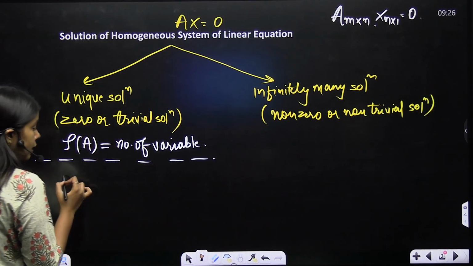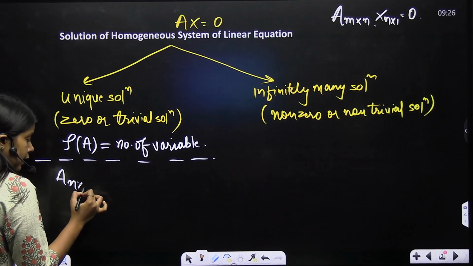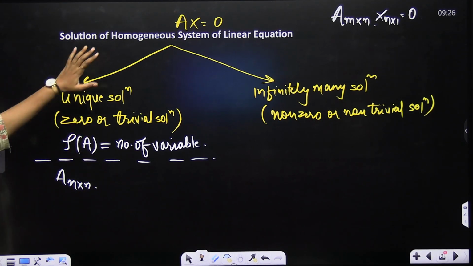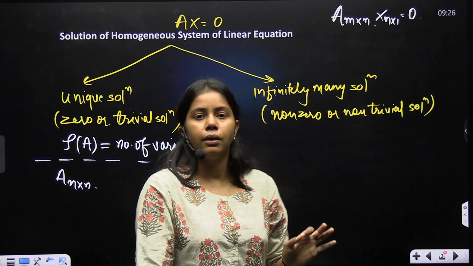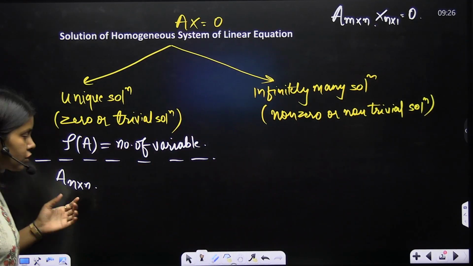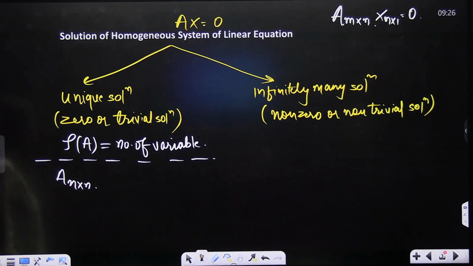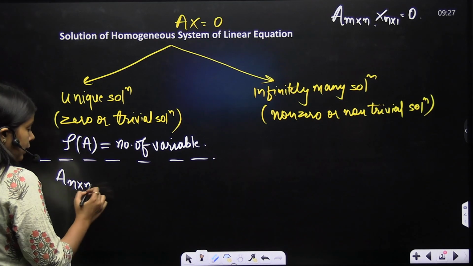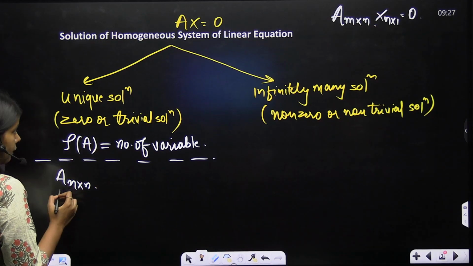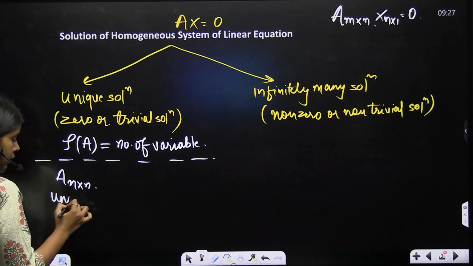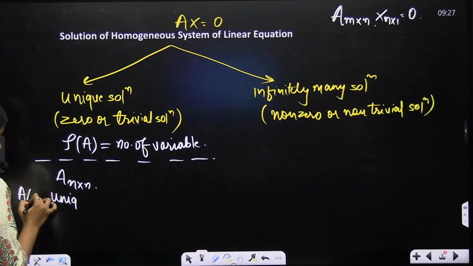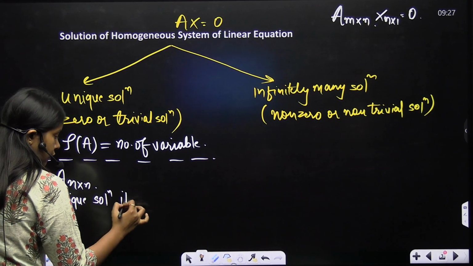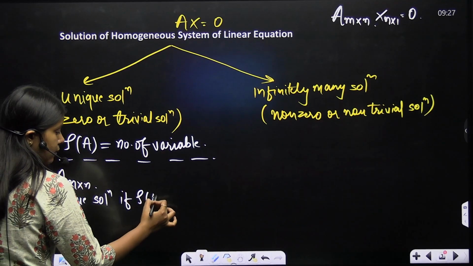So I'm adding one point here. Let's suppose A is an n cross n matrix. If A is an n cross n matrix, that means it is a square matrix, Ax equals 0 can have any order, but I'm just writing a specification. In particular, if A is a square matrix of order n cross n, then I can say that Ax equals 0 has a unique solution if rank of A is equal to n.